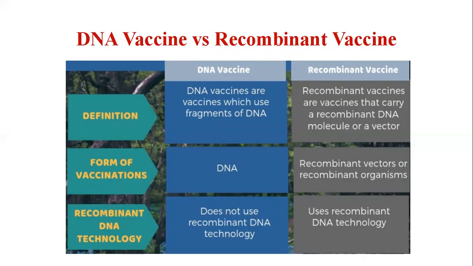So the form of vaccination is DNA in case of DNA vaccine, and in case of recombinant vaccine, this is the recombinant vector or else the recombinant organism. So here in DNA vaccine, we are not applying genetic engineering or recombinant DNA technology, but to prepare recombinant vaccine, we must use recombinant DNA technology or else genetic engineering. So this is a brief difference between the two types of vaccines.